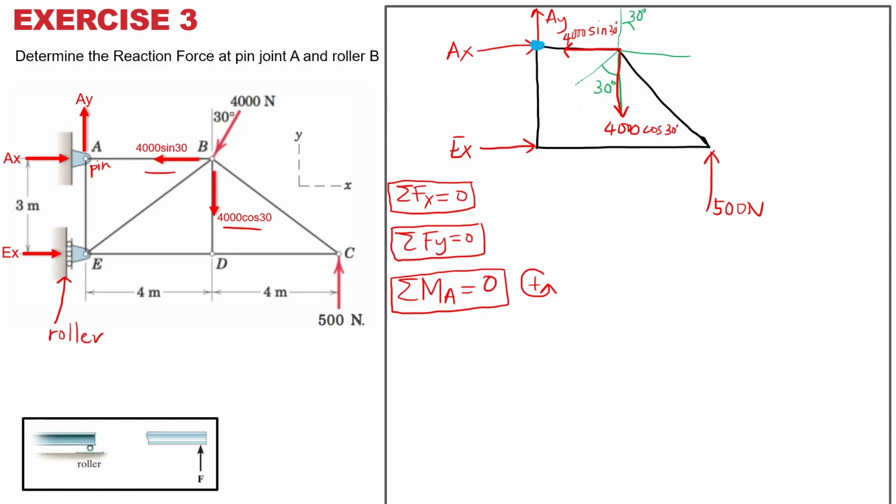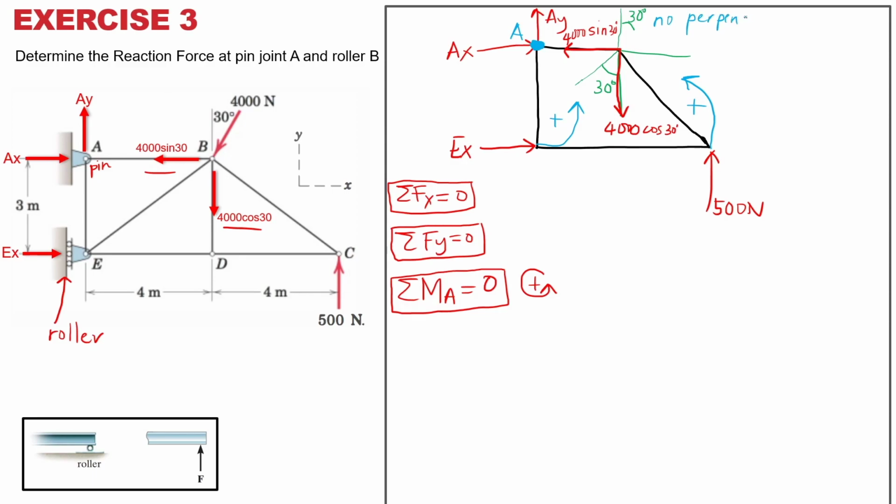Remember you're doing it at A. So EX kita akan dapat positif macam tangan kanan, counterclockwise. 500 Newton also positive. 4,000 sin 30 dia betul-betul masuk dekat A. Dia tidak ada distance.